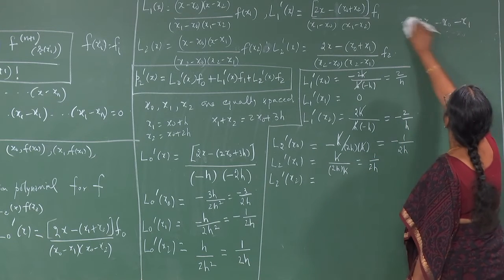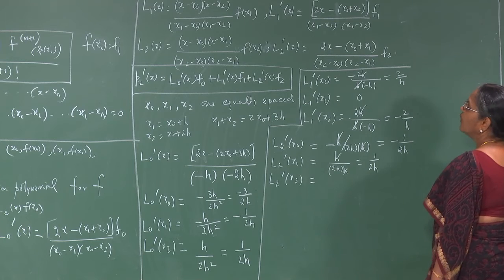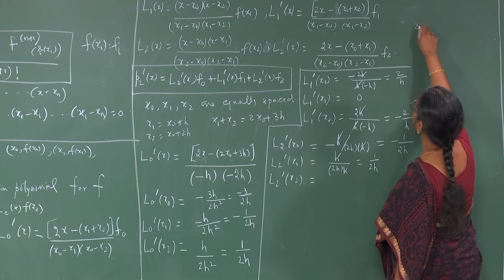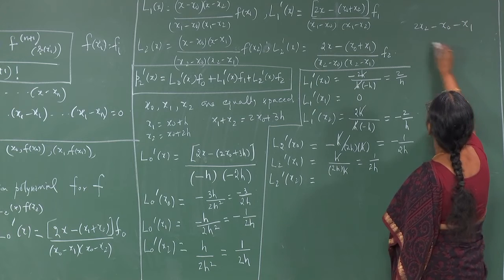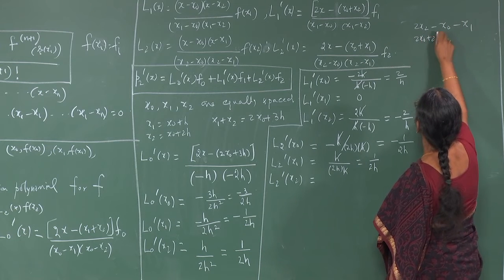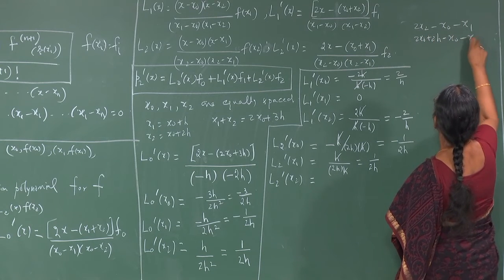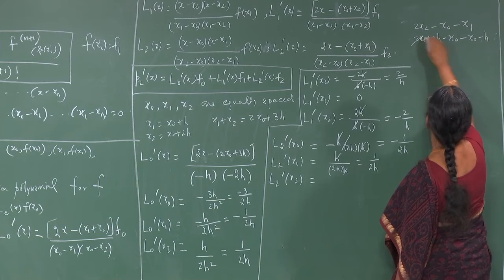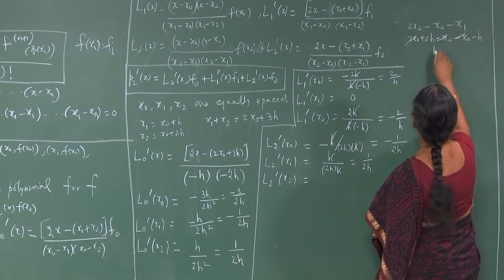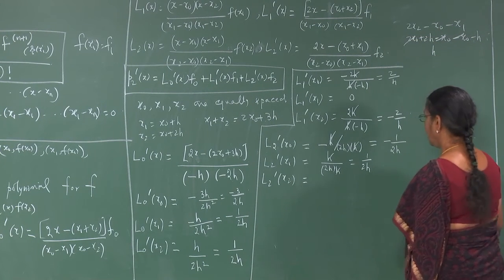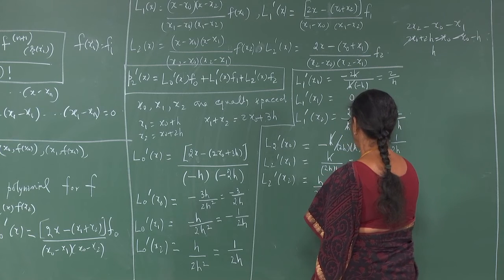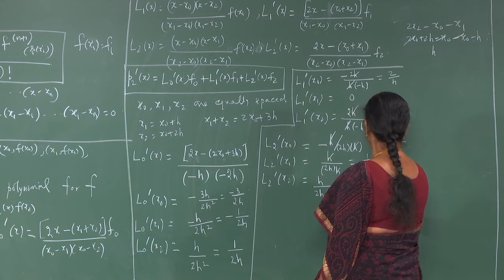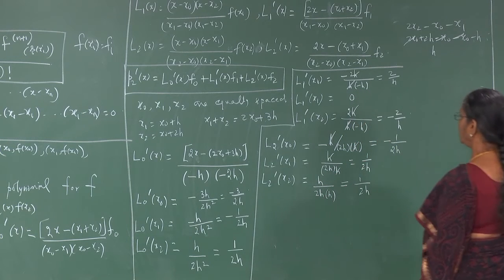So, what is L2 dashed at x2? 2x2 minus x0 minus x1. So, it is 2x0 plus 2h minus x0 minus x0 minus h. So, that will give you h. So, h divided by 2h into h, and that will give you 1 divided by 2h.